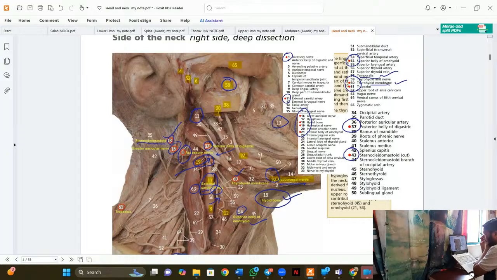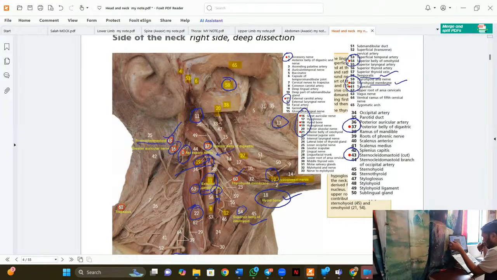22. This is a muscle. Where is it? It is below the sternocleidomastoid.